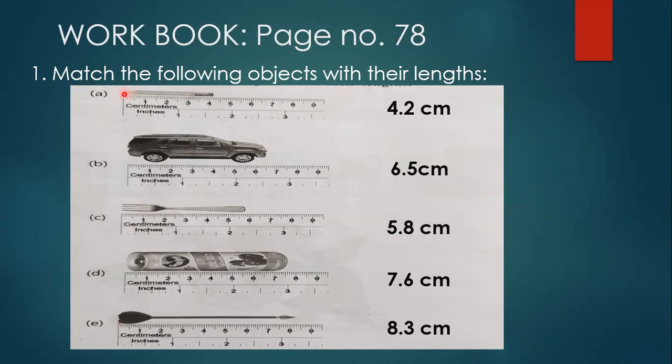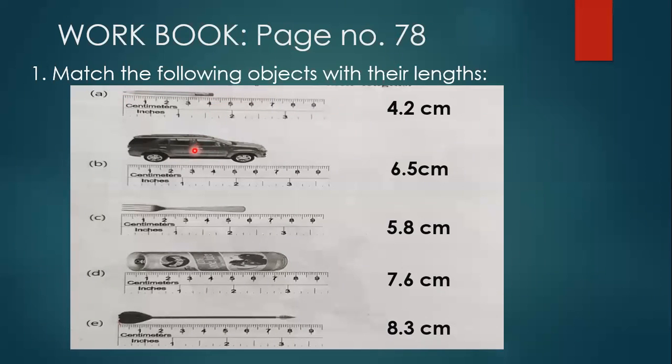See, one end is coinciding with the zero marking, and what measure is shown by the other end? It is the second line after 4, right? So the length of this pencil we can take as 4.2 centimeter. The second small line after 4, so the length is 4.2 centimeter.